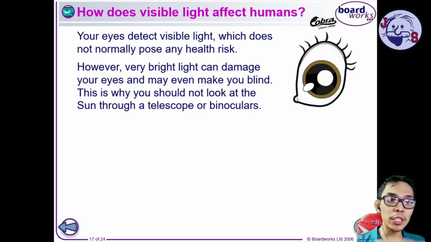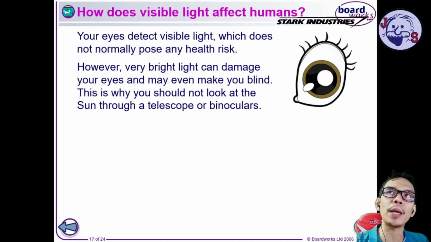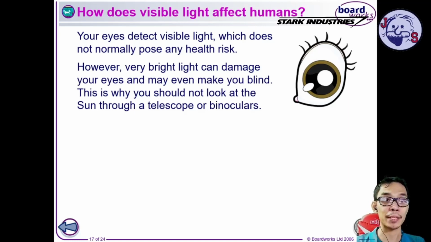Too much exposure to visible light will make it harmful. For example, if you expose your eyes to too much bright light, it will cause blindness, but it doesn't cause cancer.